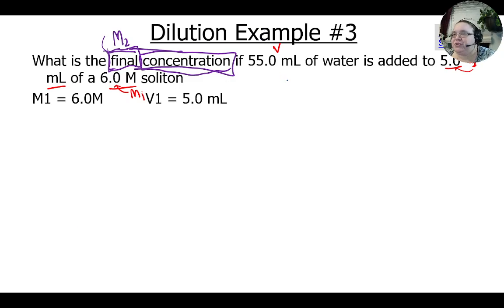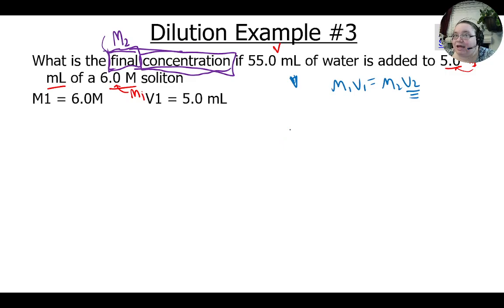So in order to use our equation, M1V1 equals M2V2, I need to know the final volume of the solution. It's not telling me the final volume. It's telling me that I've got 5 milliliters and I'm adding 55 milliliters to it. Well, I'm not trying to find the volume of water needed to be added.